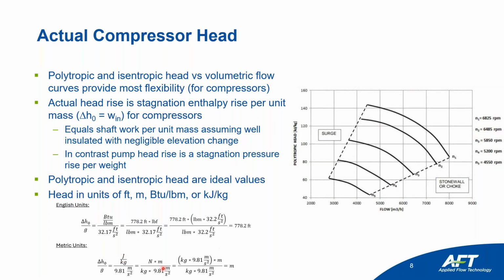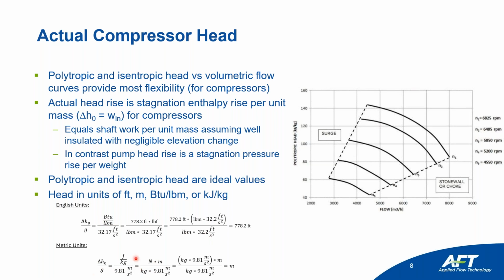So I have these little formulas below here. You can see that for English units, if you divide the stagnation enthalpy rise, or that polytropic or isentropic head, by the gravitational acceleration constant, and you work out the units, then you'll see that the BTU per pound mass to feet has this conversion here.